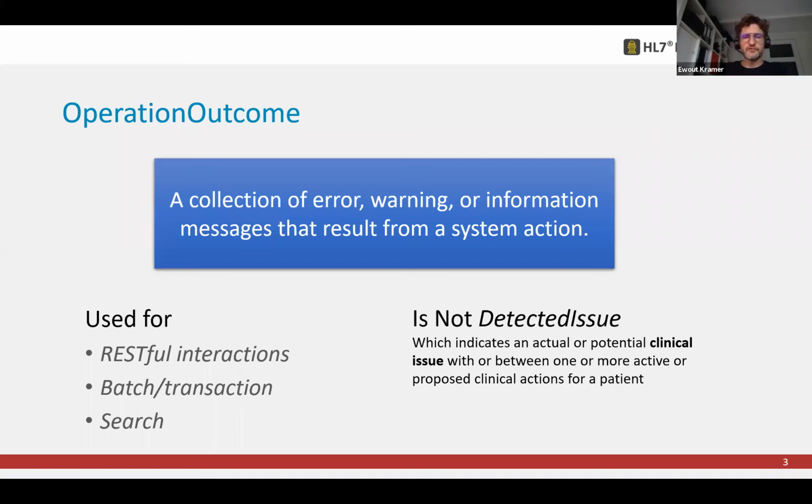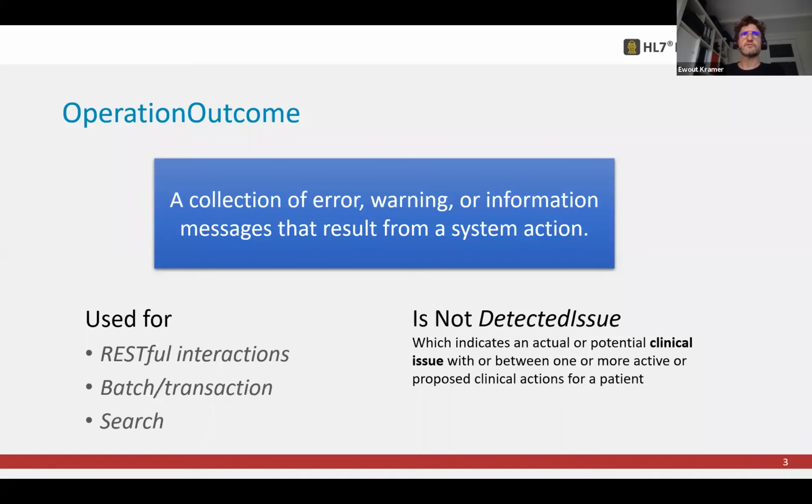Operation outcome then. This is, I think, a really useful resource in the sense that I use it also within my software. It's a collection of error, warning or information messages that result from a system action. In the FHIR specification itself, we use it a lot where we need to return error messages from the usual FHIR RESTful interaction.